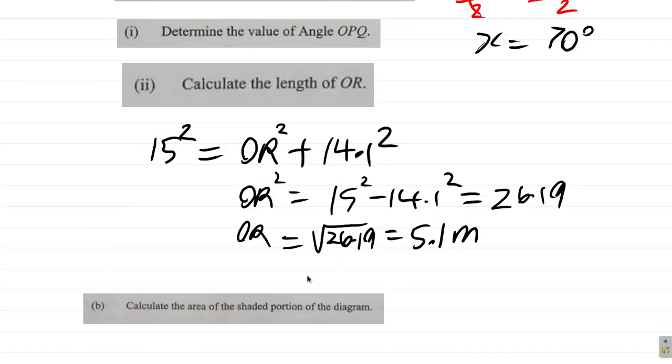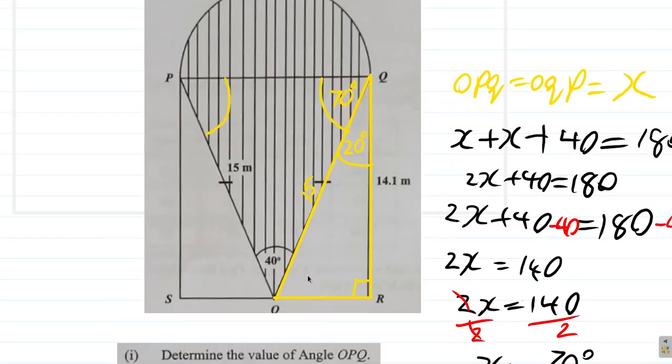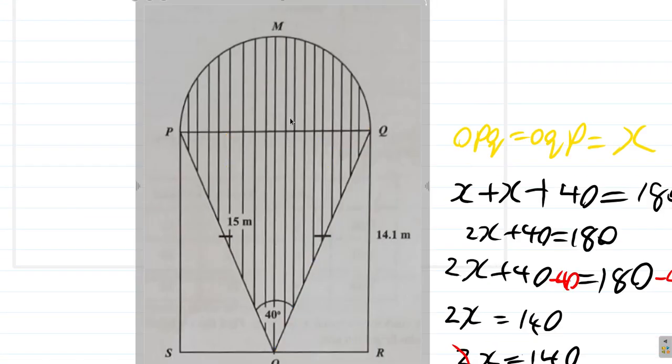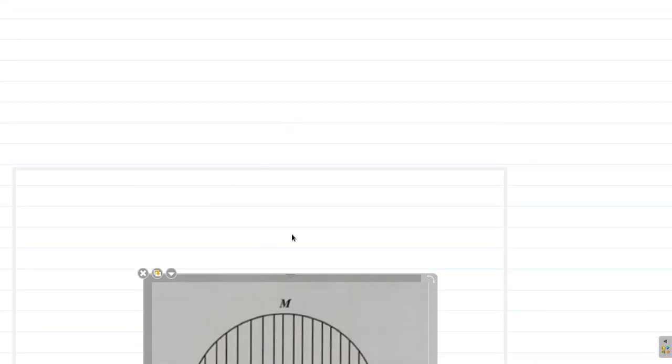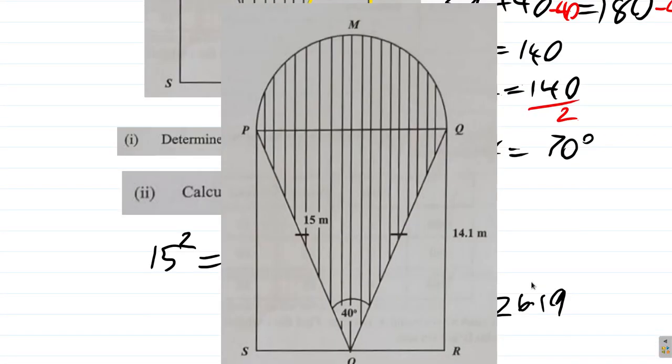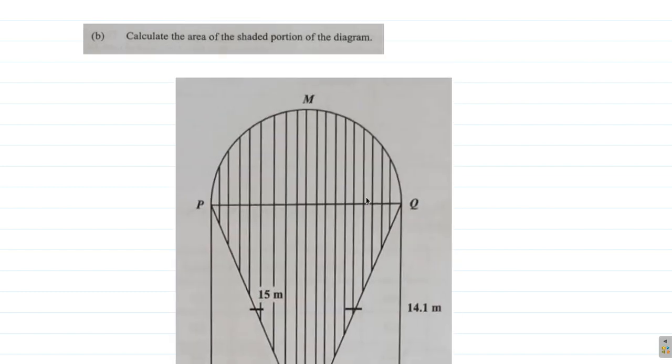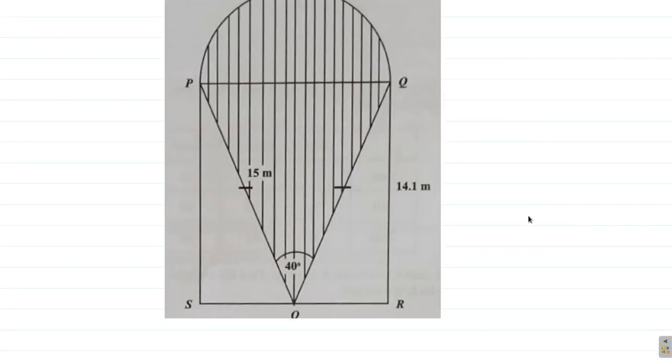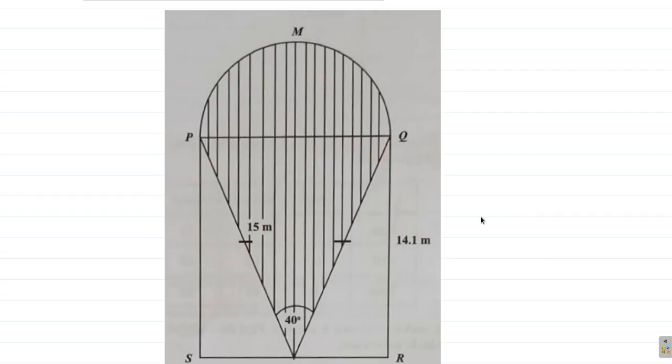All right. The area of the shaded portion. Let's just copy this diagram and pull it down. We're going to use it again. Now, to get that area, we have a triangle here. Let me try and draw back that line again.